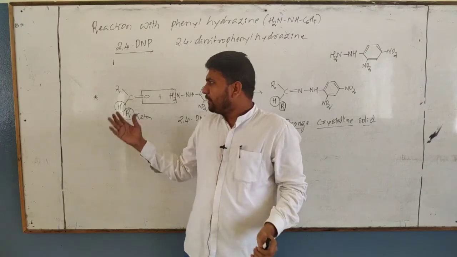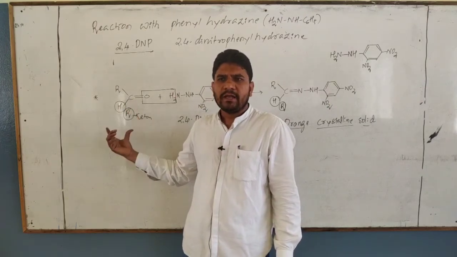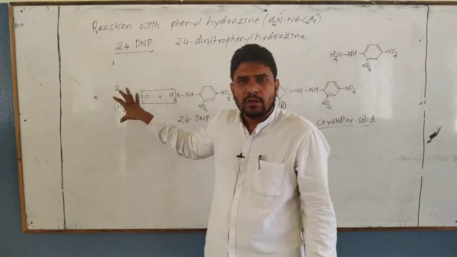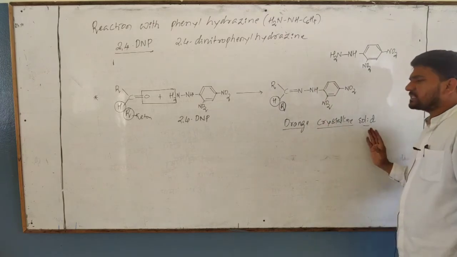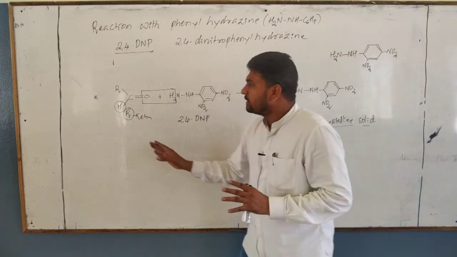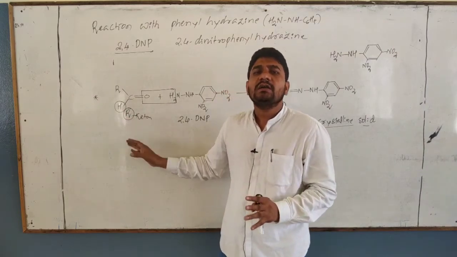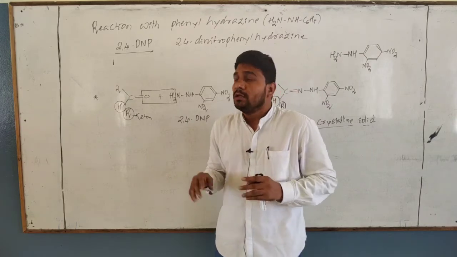Means when you take a compound, you don't know which compound they have provided. The given compound, when it reacts with 2,4-DNP, if it forms an orange crystalline solid, then it indicates that the given compound is nothing but what? It is a carbonyl compound. It may be aldehyde or ketone.